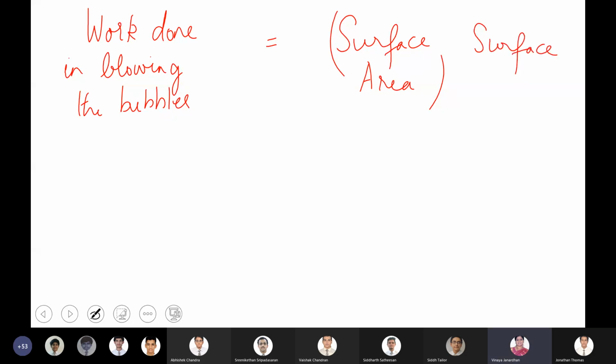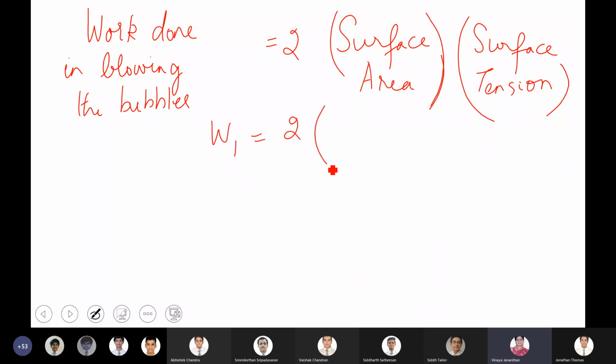But there is one more factor, because it has two free surfaces, that's the reason you have the value 2. So work done W1 will be equal to 2 into 4 pi R1 squared into T, because surface tension will be the same.